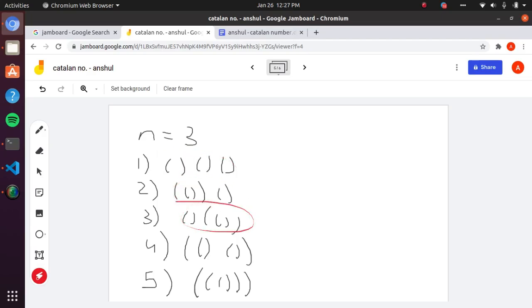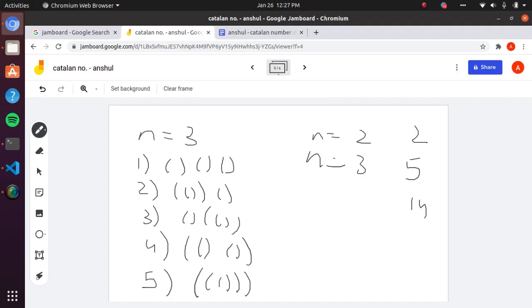As you can now see, this question follows the Catalan numbers, because for n equal to 2 it is 2, and for n equal to 3 it is 5, and this is the Catalan sequence.